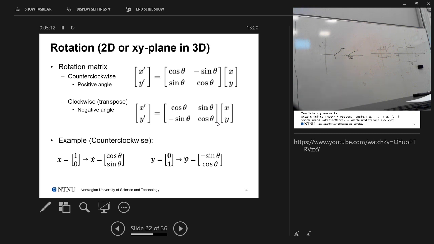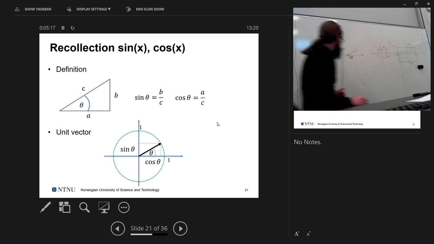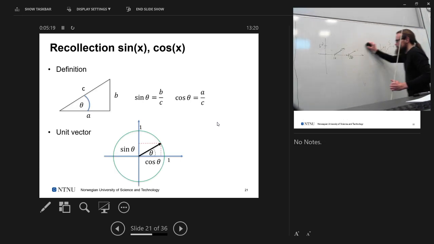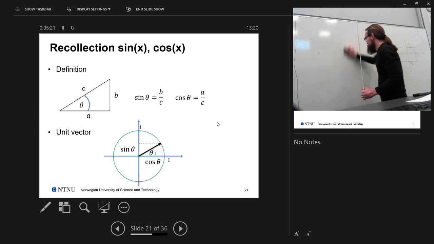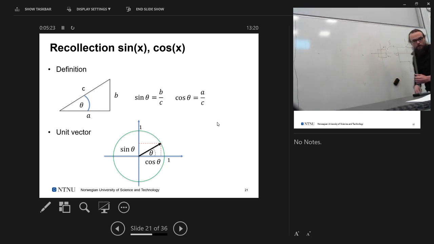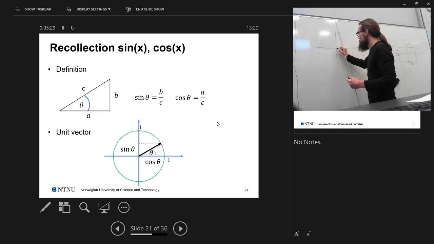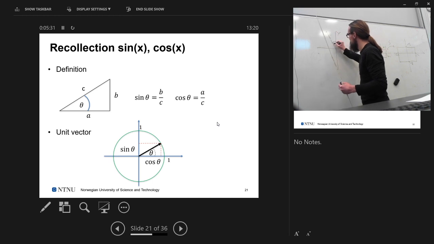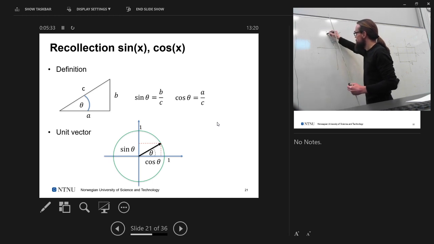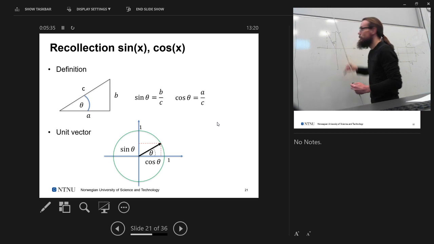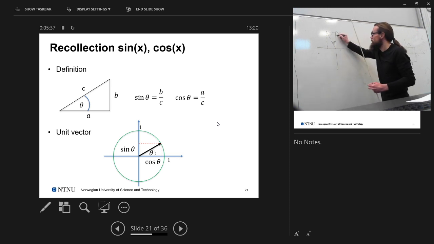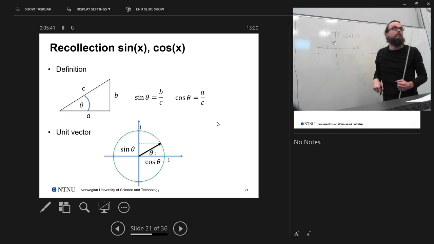Then take the y-axis. I can actually draw that here. Here's your y-axis, and now you want to rotate it by an angle theta like that. But now, you will get the cosine by definition here, right?